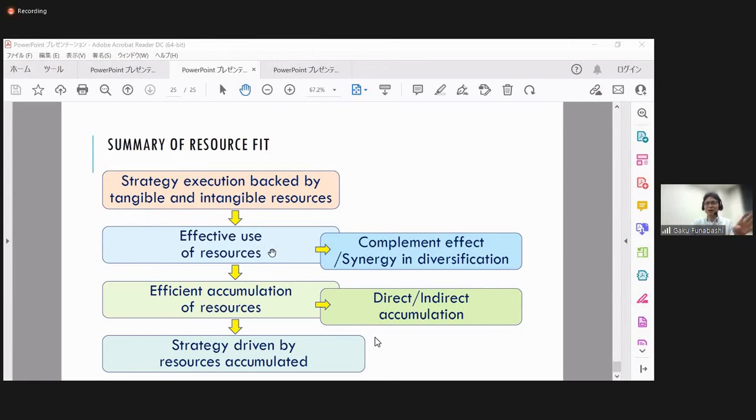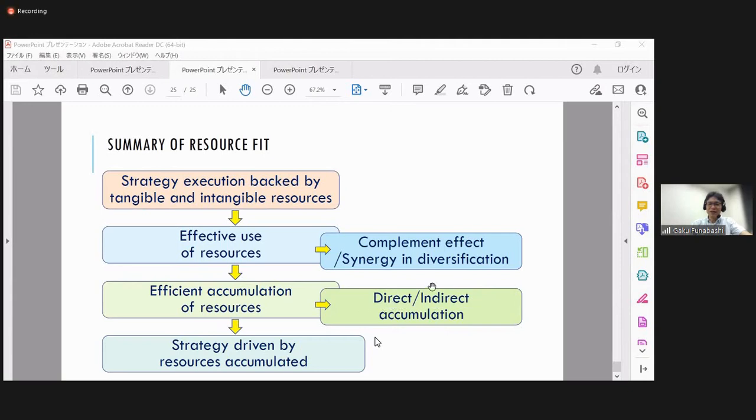Then, after you realize the effective use of resources, you think how you can accumulate more resources for future businesses. So accumulating efficiently is important.